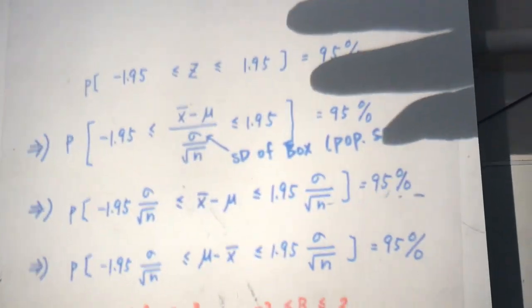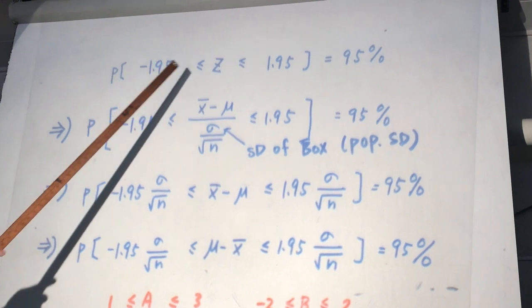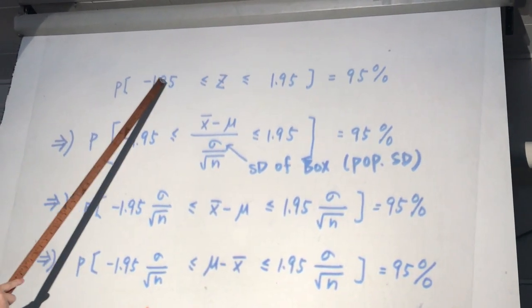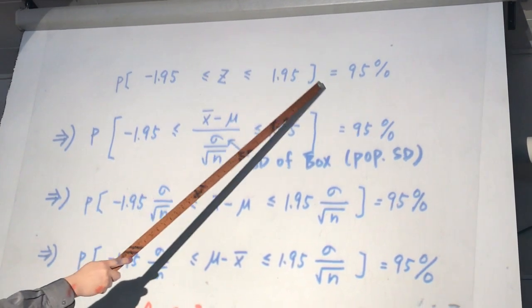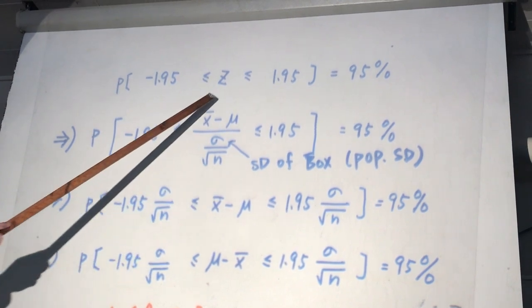And based on this understanding, let's move to the next expression, okay? Now look here. Z-score between 1.95 and -1.95 covers the area of about 95%. And where is the Z-score coming from?